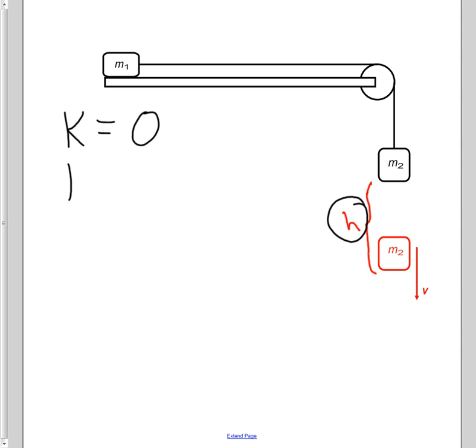So K initial is 0, and K final is equal to 1/2 M2 v squared. But of course, M1 will also have the same speed, v, so it's plus 1/2 M1 v squared.